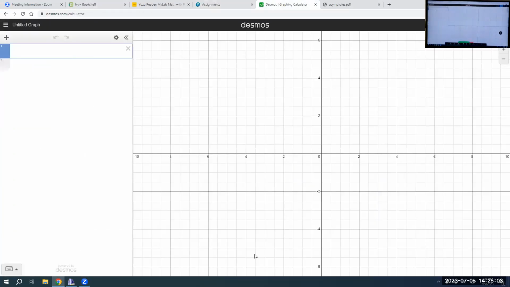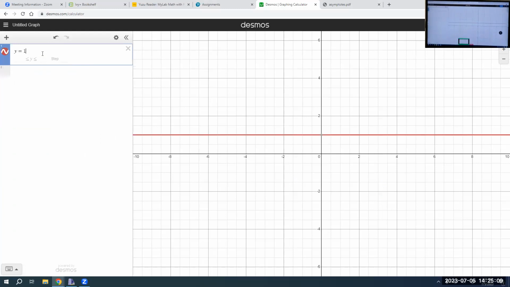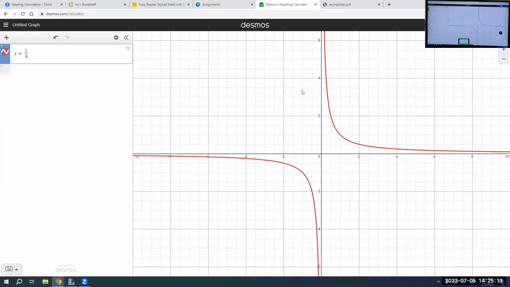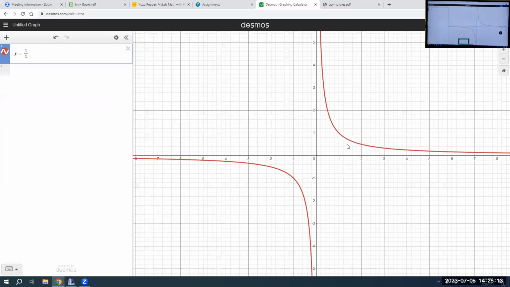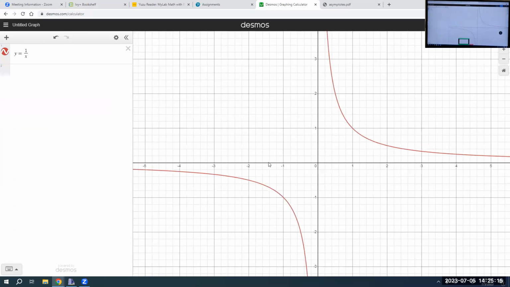So hopefully I'm projecting this. If I just have y equals 1 over x, this is the classic example here. What's happening is that at x equals 0, we have this break.